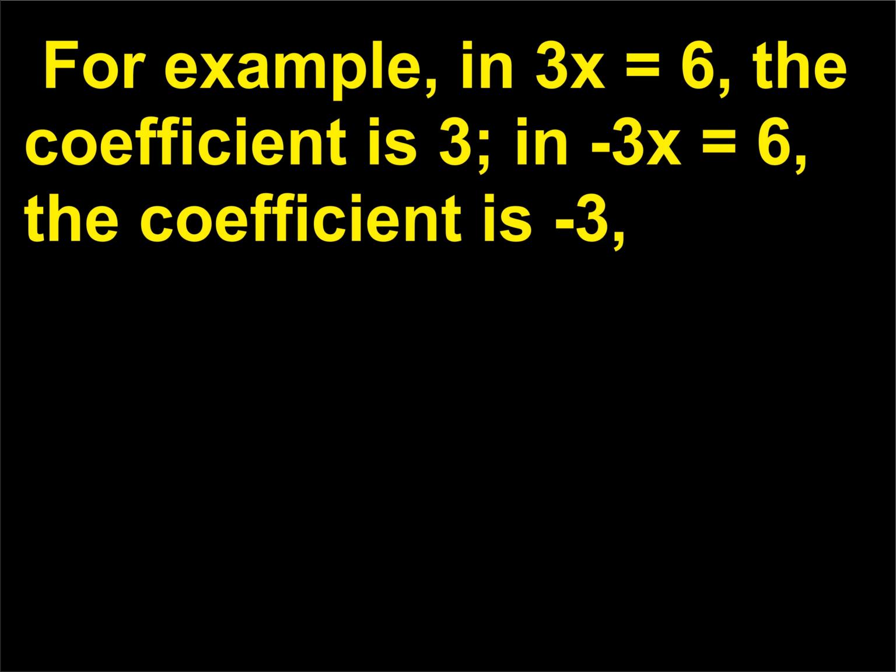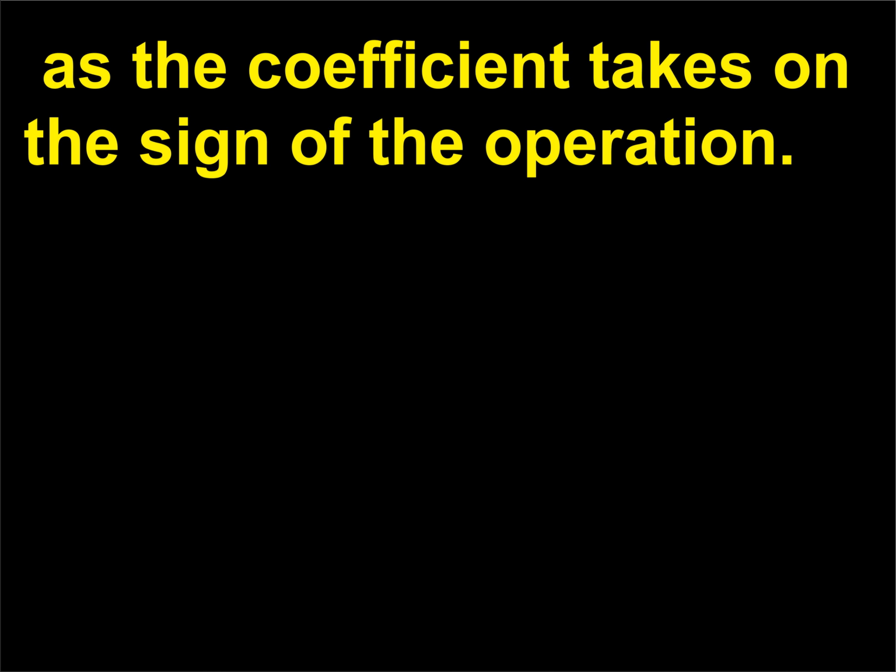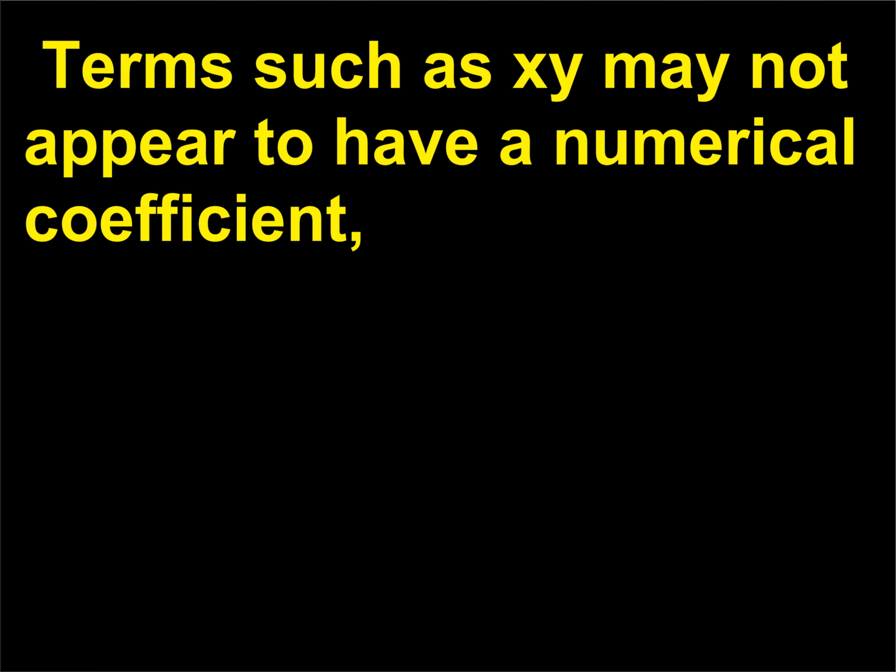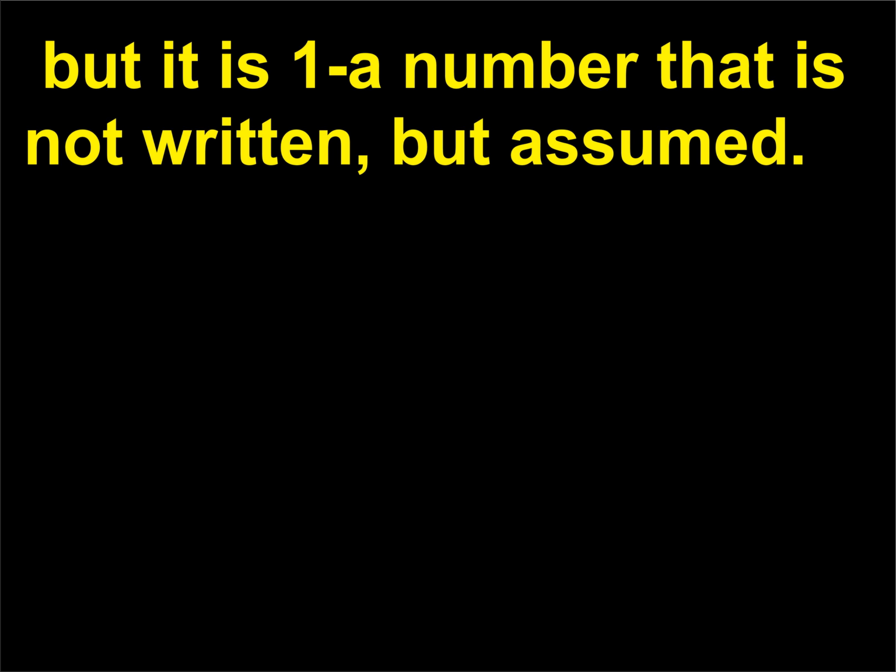For example, in 3x = 6, the coefficient is 3; in -3x = 6, the coefficient is minus 3, as the coefficient takes on the sign of the operation. Terms such as xy may not appear to have a numerical coefficient, but it is a number that is not written, but assumed.